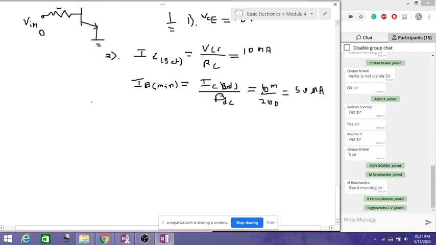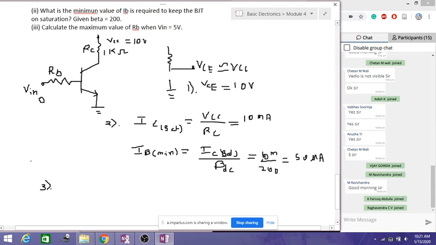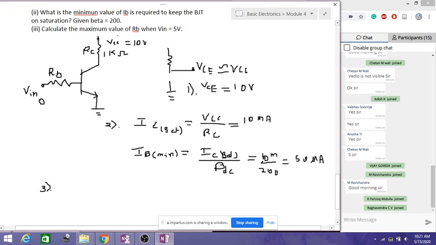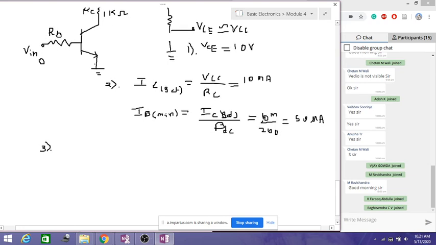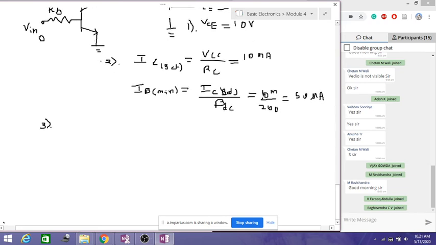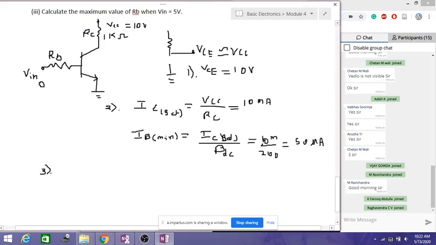So if I talk about the third one here, what's the question for the third one? The question is to calculate the maximum value of RB when Vin is equal to 5 volts. So to find the maximum value of RB, we have to apply the voltage across this RB here. So if you apply the KVL across the input, we have the voltage here, which we call VBE.